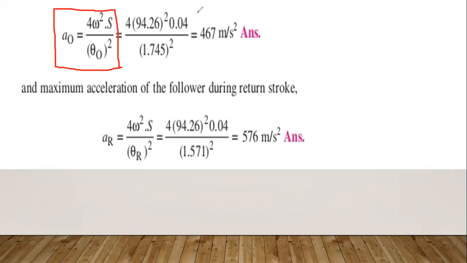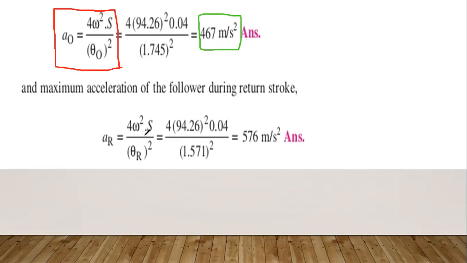We have got the value as 467 meters per second square.